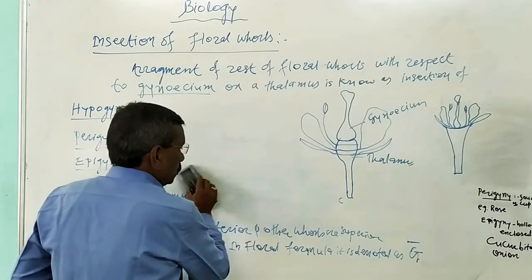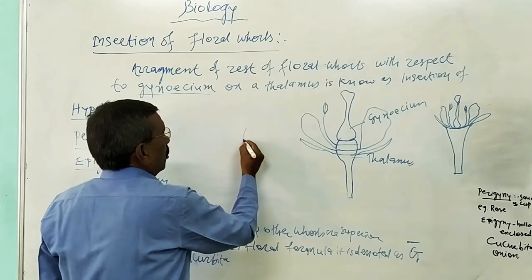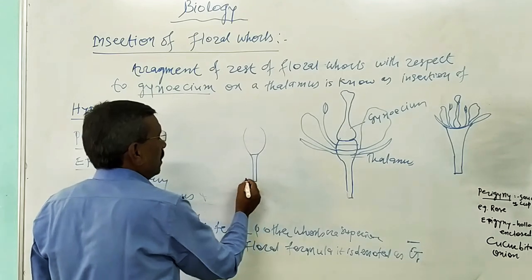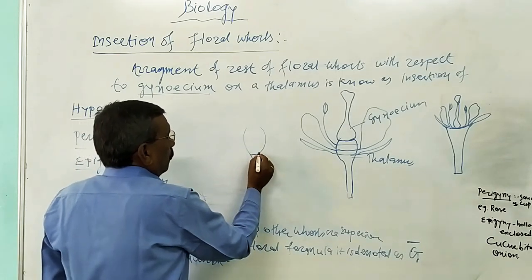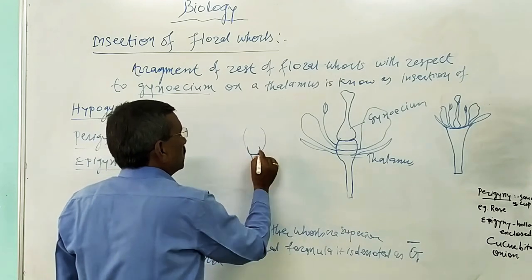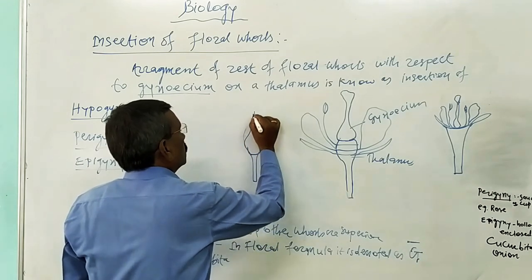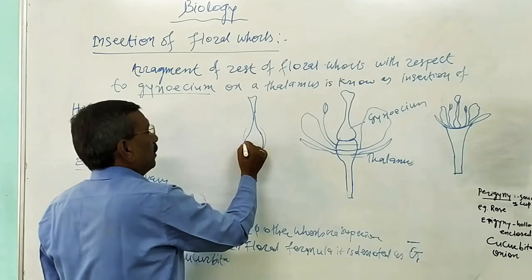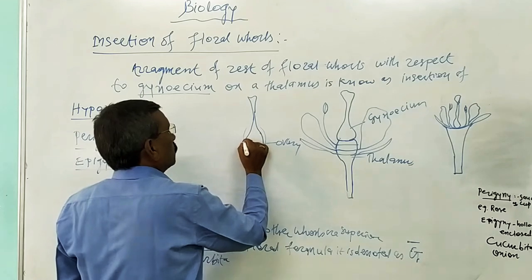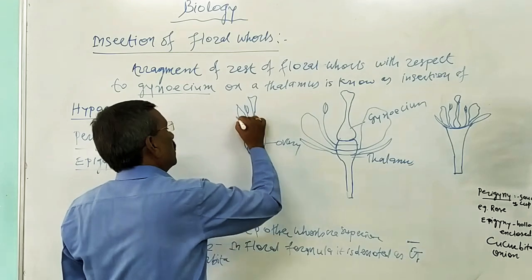Now here see, this is a hollow thalamus of a cucurbita flower. This is a pedicel. Then here the ovary lies at the base of the thalamus. This is the ovary, this is the stigma and style of the ovary. Then the other florals here: this is the androecium, this is the corolla, this is the calyx.